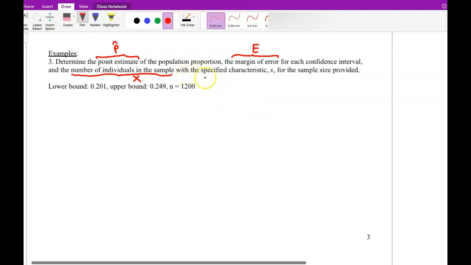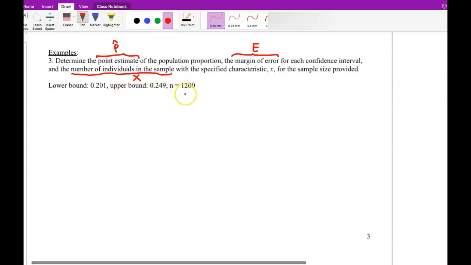Okay, so now finding all these for the sample size provided, lower bound is 0.201, upper bound is 0.249, and sample size is 1,200.